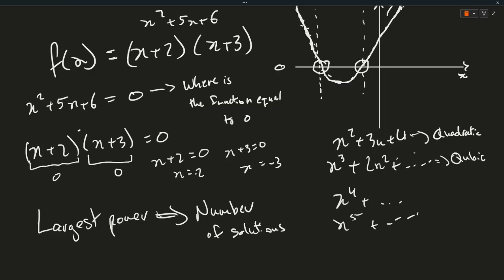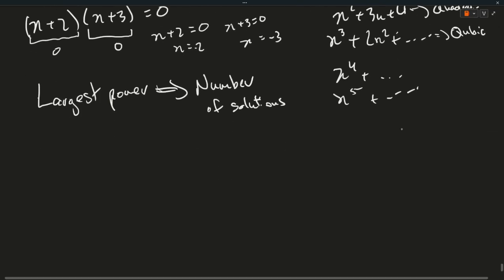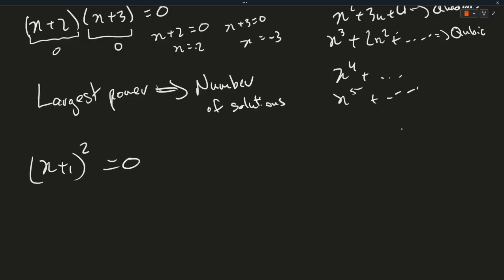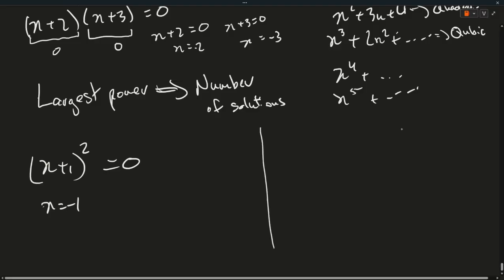Always. It doesn't matter if you have a repeated root like this, x plus 1 squared. This is still a quadratic, but what this will look like is that we have x equals minus 1, and it will look something like this.